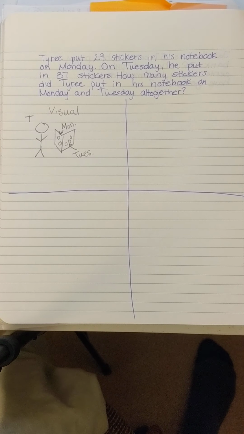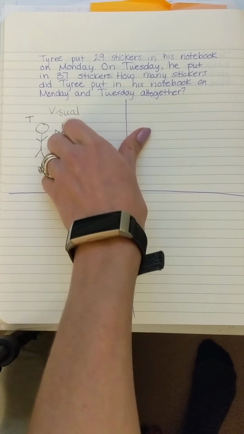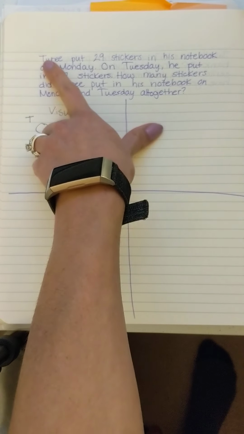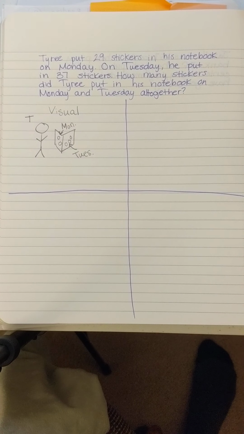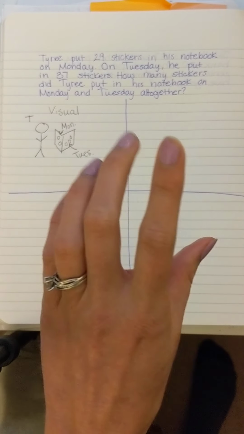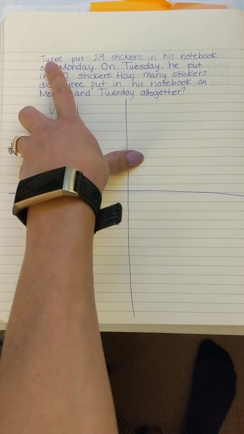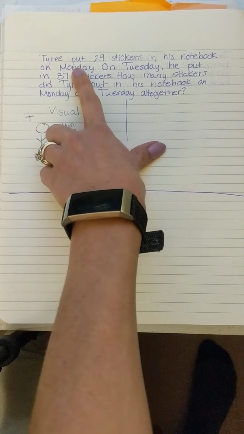So after that, I read it again, and then this is pretty similar to the cube strategy that you might use if you're in Miss R's class. What I do on my second read is I think to myself, how can I put this into my own words? Okay, so I say Tyree put some stickers in his notebook on Monday.